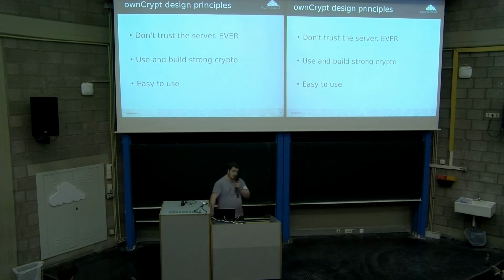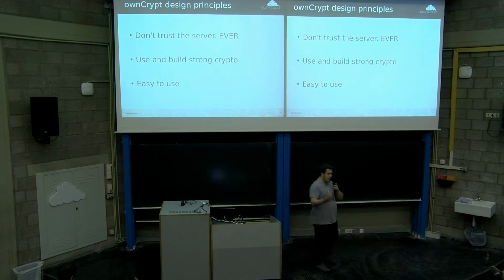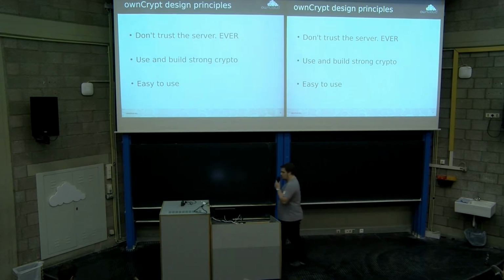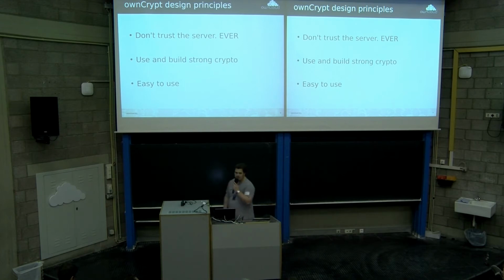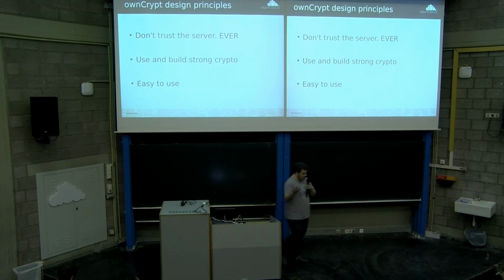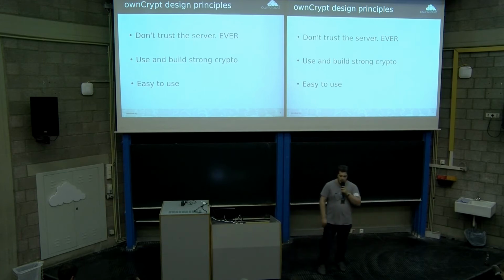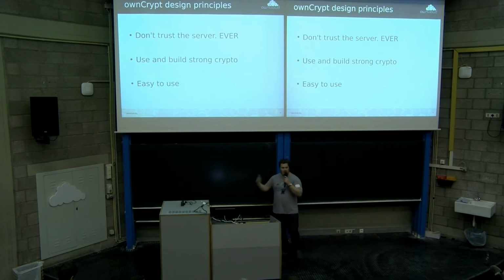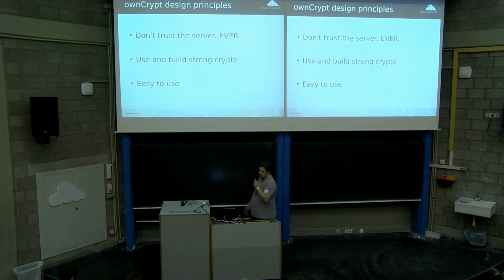We want to use and build strong cryptography, which means that there's no plan for a web-based interface for ownCrypt, since the web browser is not a safe environment for cryptographic code. It can be hacked easily. And it must also be easy to use. Frank insisted a lot on that. If we want people to stop using Dropbox, we have to give them tools as easy to use as Dropbox. Otherwise, they will just keep on using Dropbox.